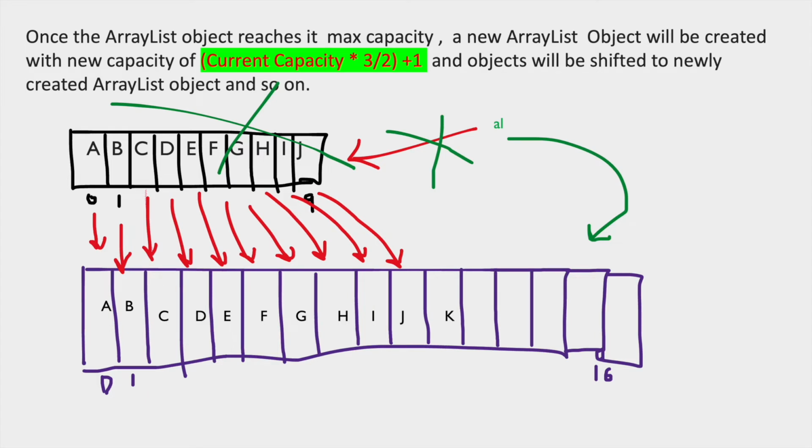Next, if it reaches its max capacity, if we add a few more elements and it reaches its max capacity, a new ArrayList object will be created, and the new capacity will be 16 * 3/2 + 1, that is, 8 3s are 24, plus 1 is 25. The new object will be created with size 25, and all the elements will be shifted, and the old object will be eligible for garbage collection.